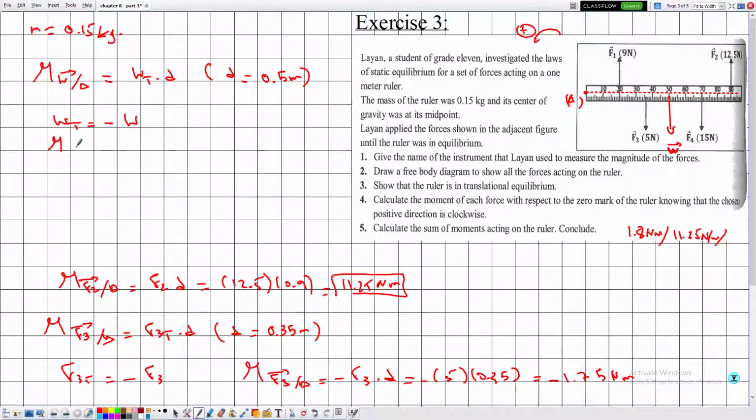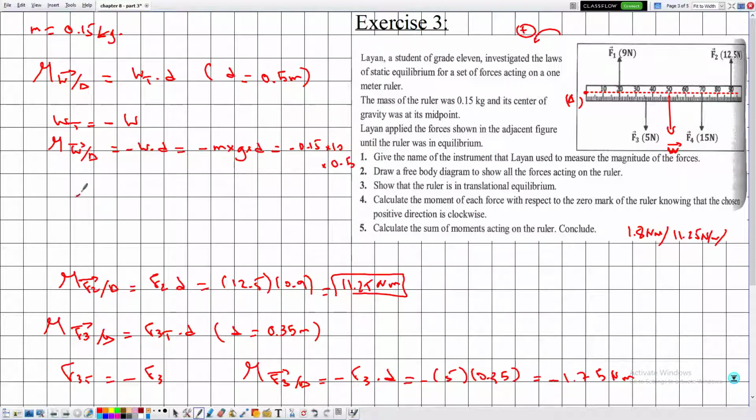In this case, the moment of W over delta is equal to minus W multiplied by D, which is equal to minus the value of W, which is M multiplied by G, multiplied by D, so minus 0.15 multiplied by 10 multiplied by D, which is 0.5.